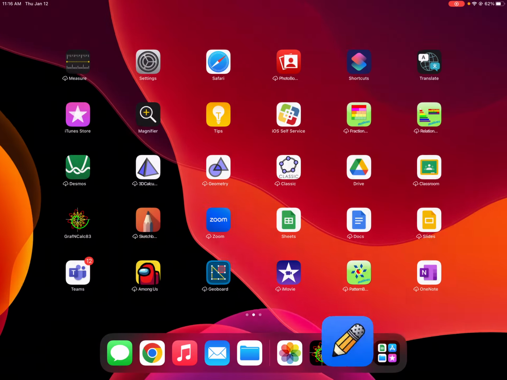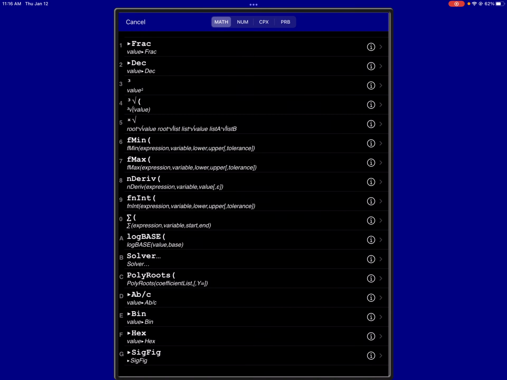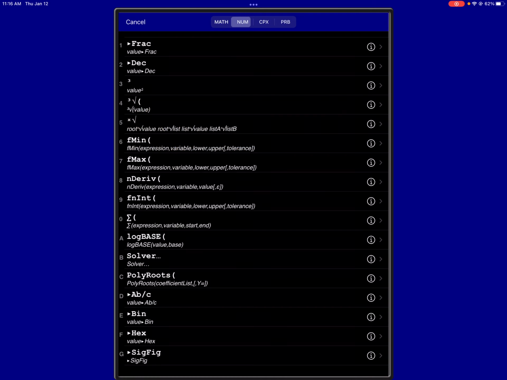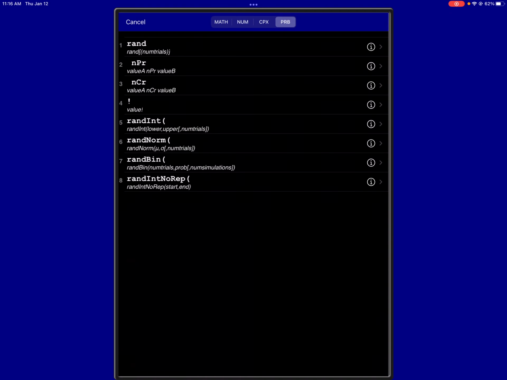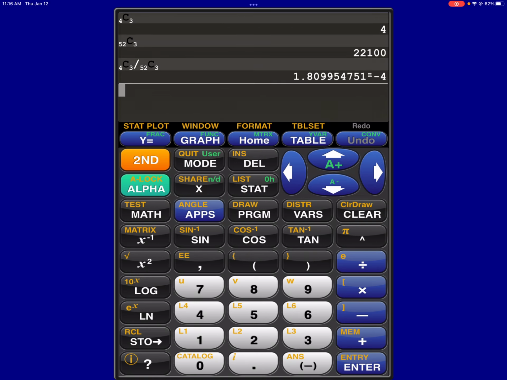And so if we were to type it in the calculator to see what it looked like as a decimal, you could actually type this in exactly the way we did above. You could do Math, 4C3 and then divided by Math, 52C3.